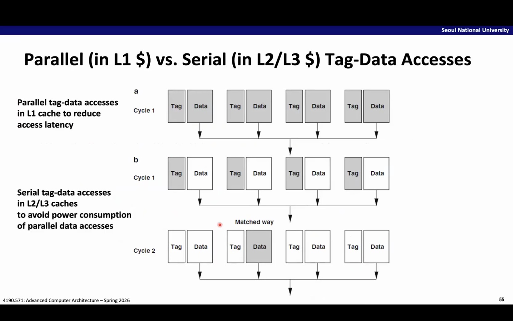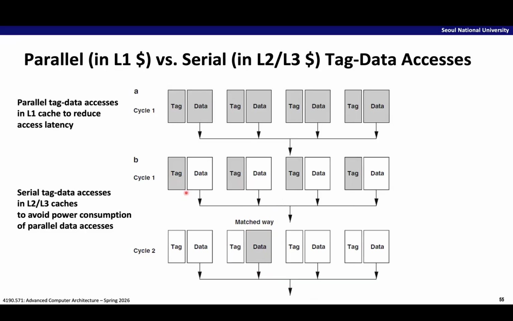And in the case of large associative cache, especially L2 and L3 cache, tag access can consume large power. So to reduce tag access power consumption, we have two stages. First we access tag. In case of hit, we access data in the next cycle.